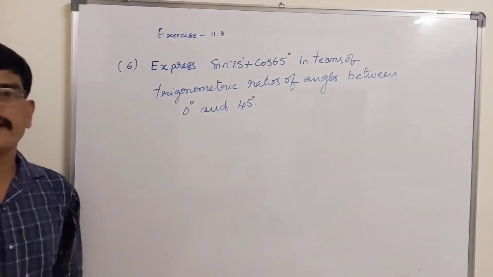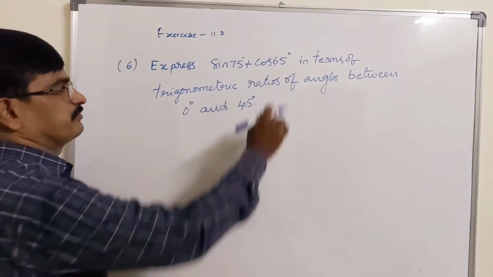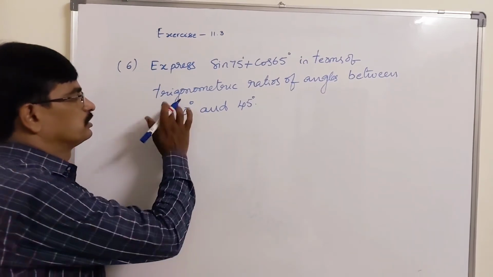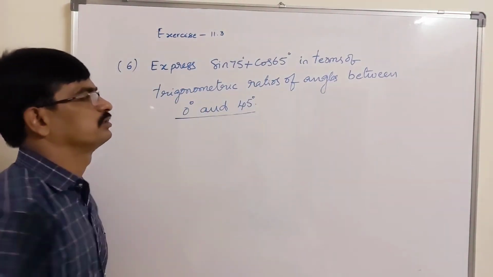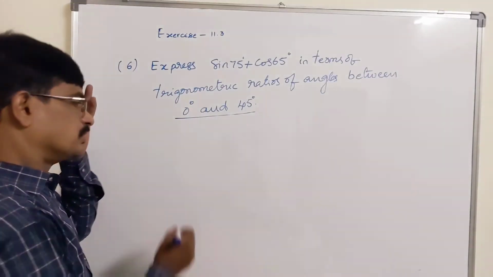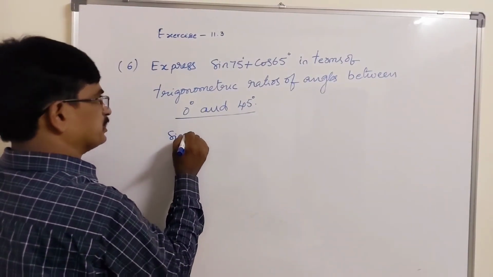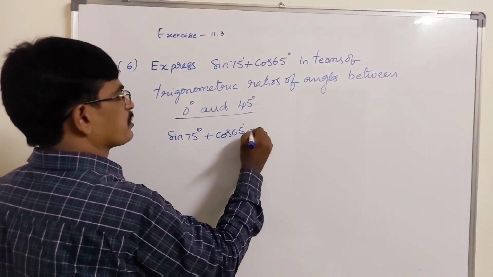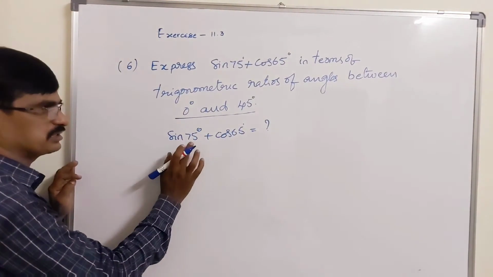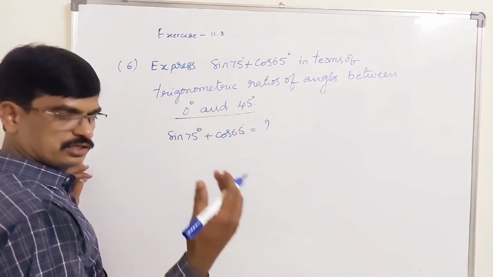Express sin 75 degrees plus cos 65 degrees in terms of trigonometric ratios of angles between 0 and 45 degrees. Here the given trigonometric expression is sin 75 degrees plus cos 65 degrees. Okay, here 75 degrees is greater than 45, 65 is also greater than 45.